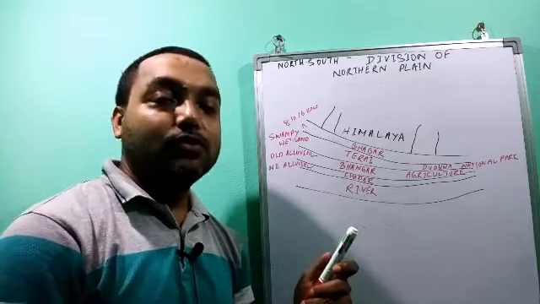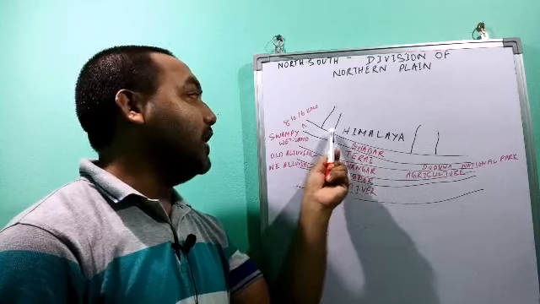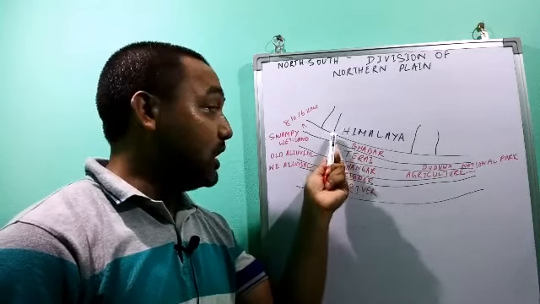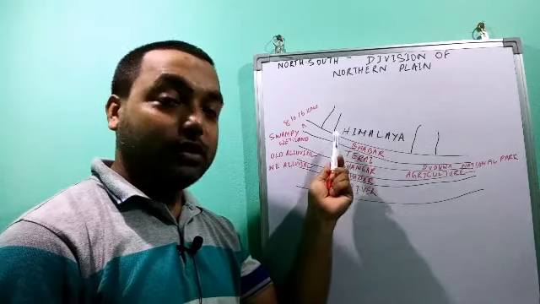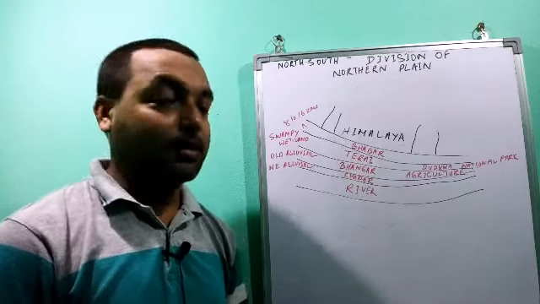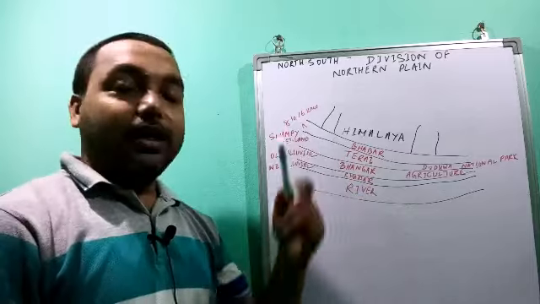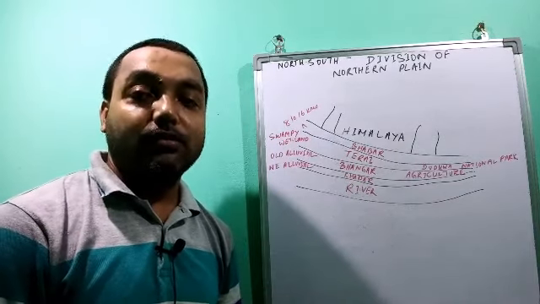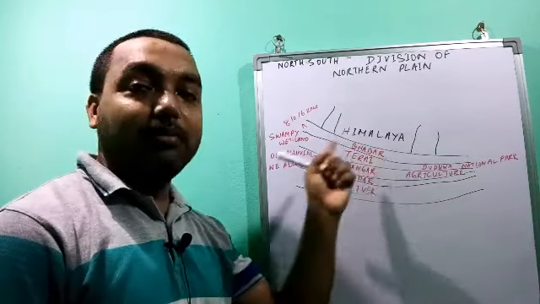The belt where the Himalayan river water goes down is known as the Bhabar belt, the first belt. It is around 8 to 16 kilometers wide.